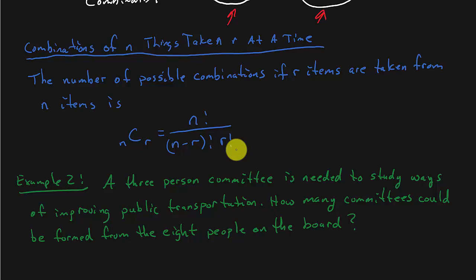The notation I used for combination is similar to the notation for permutation, except instead of a C, you've got a P.